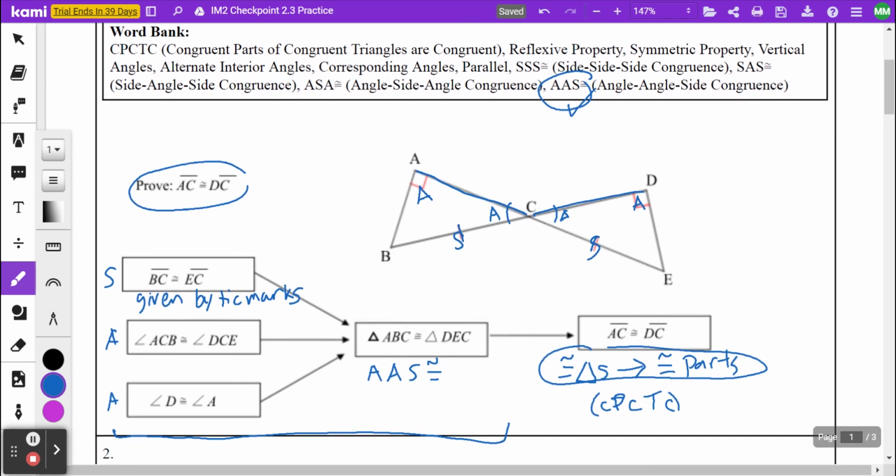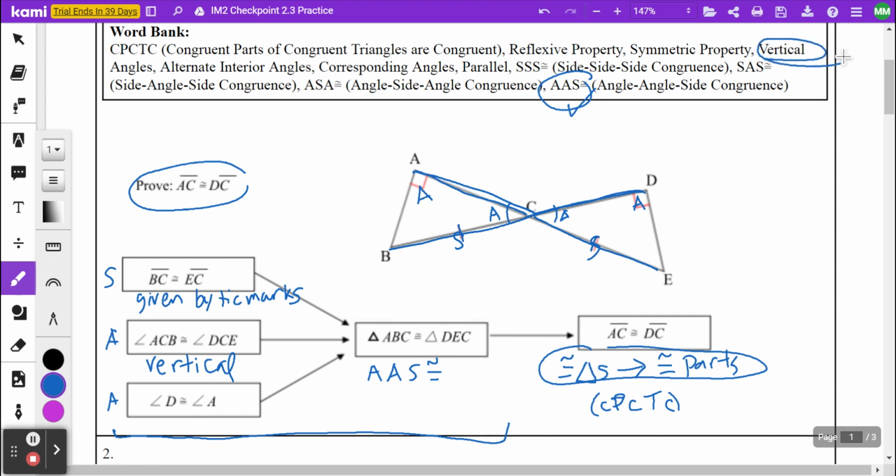And how do I know that angle ACB is congruent to angle DCE? Well, those are vertical angles, and vertical angles are congruent. So vertical is my justification.